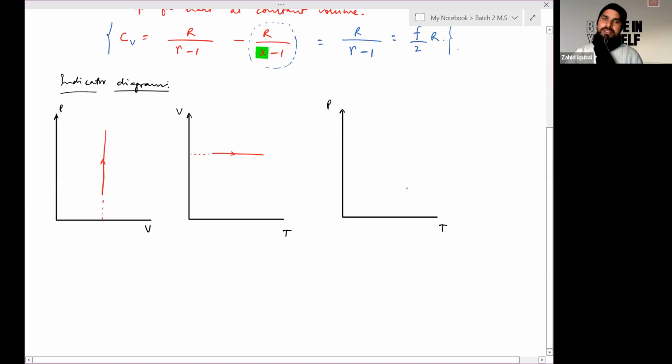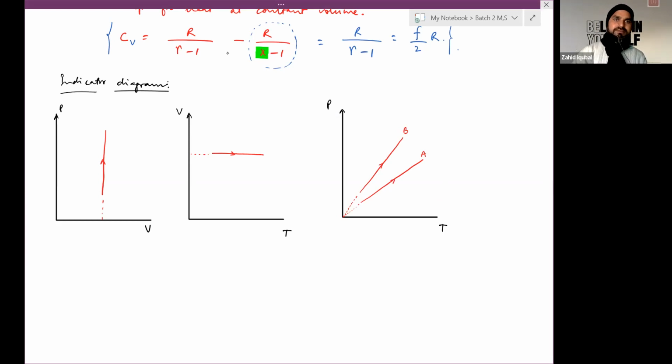Third part, pressure versus temperature. Since pressure and temperature related to this process is directly proportional to each other, so graph will be a straight line. Let's say this is A and this is B. So let me define you what its slope would signify.